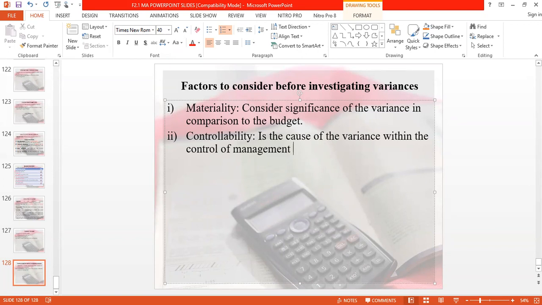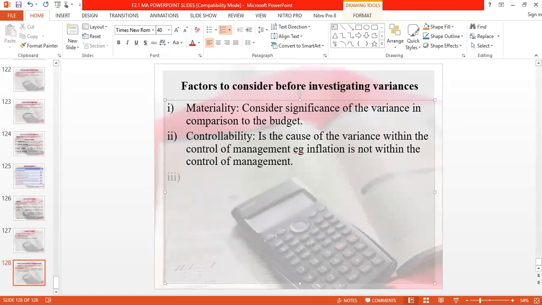For example, inflation is not within the control of management.